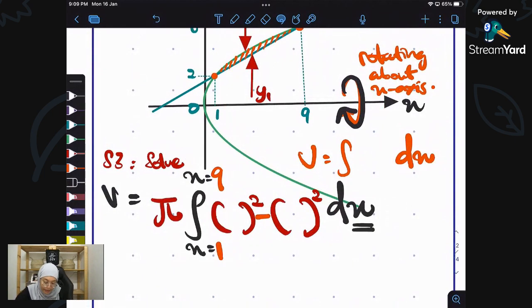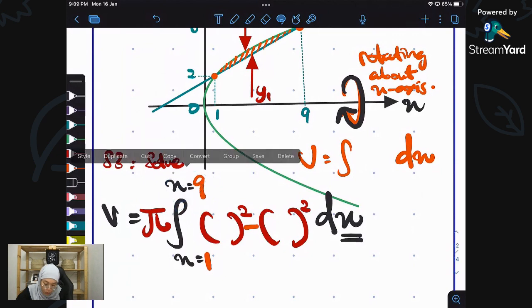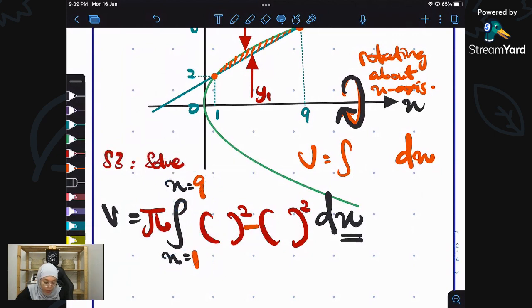So this is the volume between the two curves. The volume between the two curves is very, very special. Why? Because we have two curves. Two curves mean two function, guys. So the function here is y1 and y2, but we are not sure yet sama ada siapa yang tolak siapa. Itulah persoalan dia.